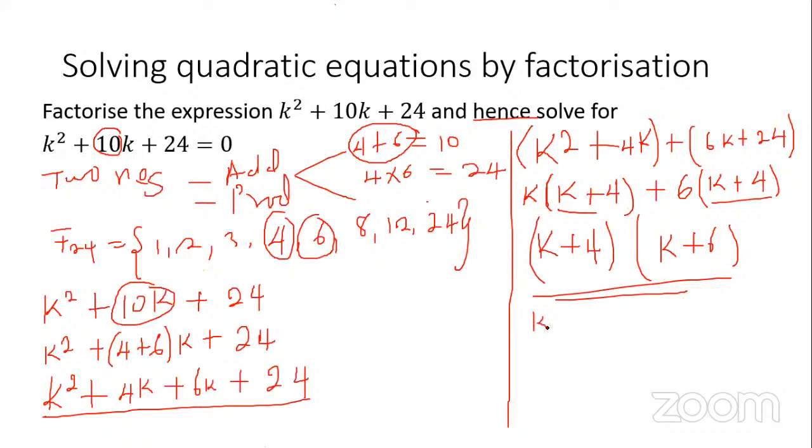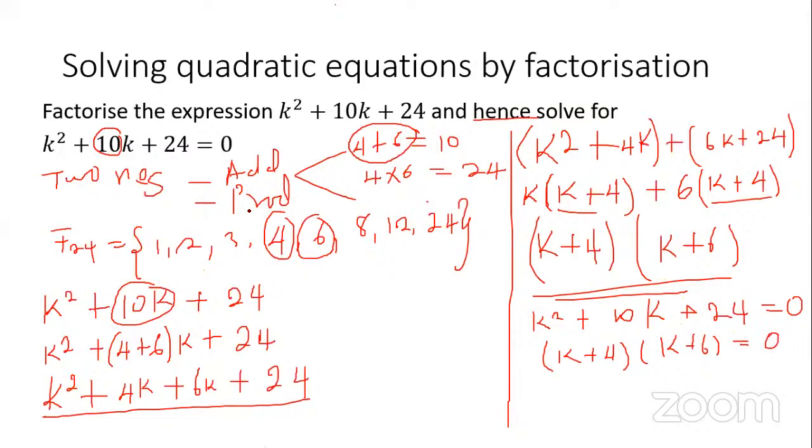Hence solve k squared plus 10k plus 24 equaling 0. So we are going to write our equation k squared plus 10k plus 24 equaling 0. But we have now simplified k squared plus 10k plus 24 to k plus 4, then k plus 6, and we equate this to 0.